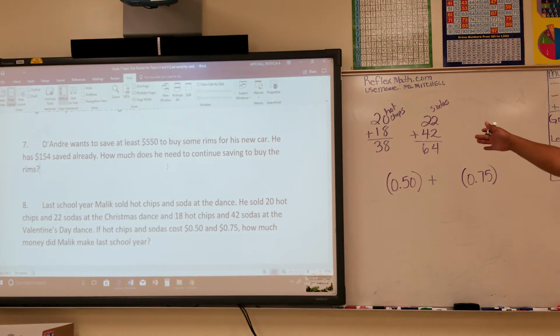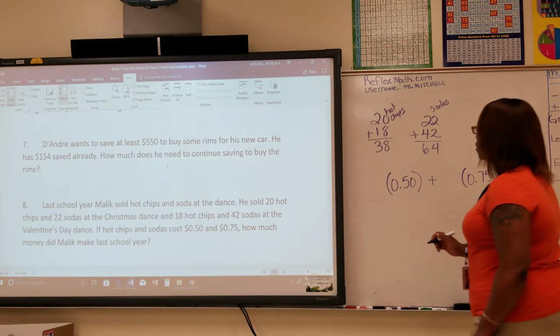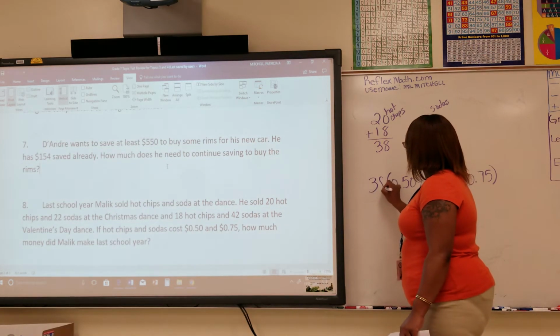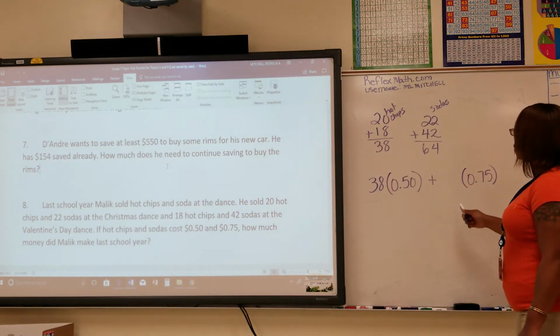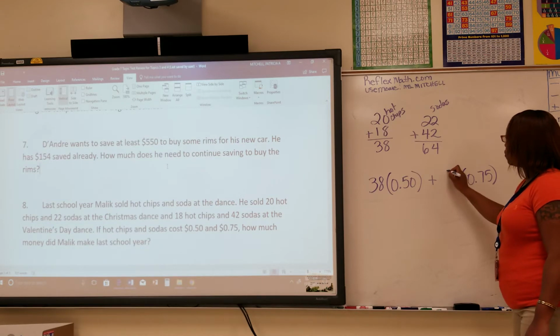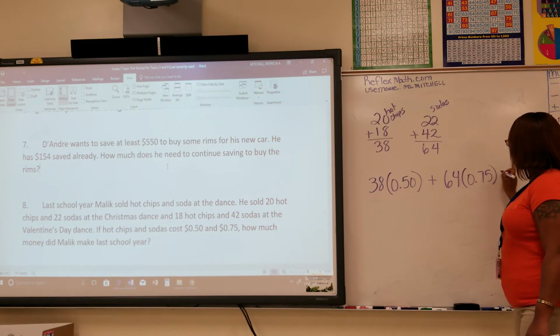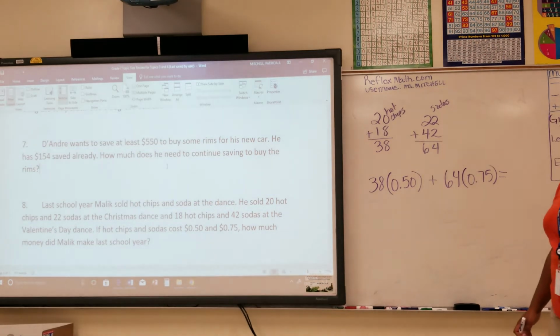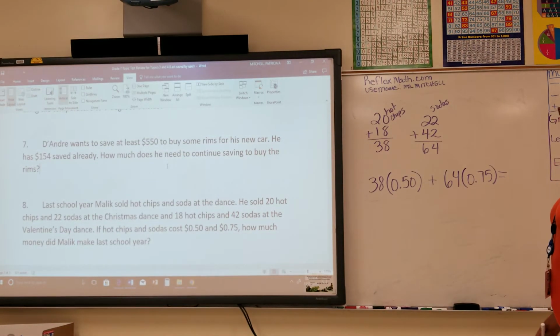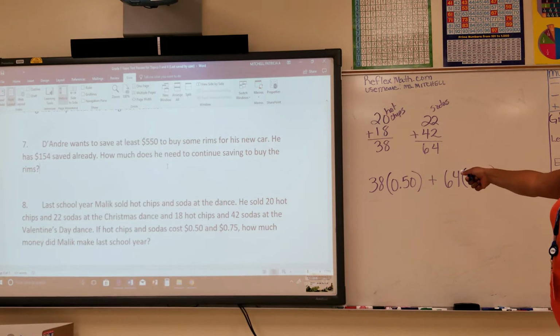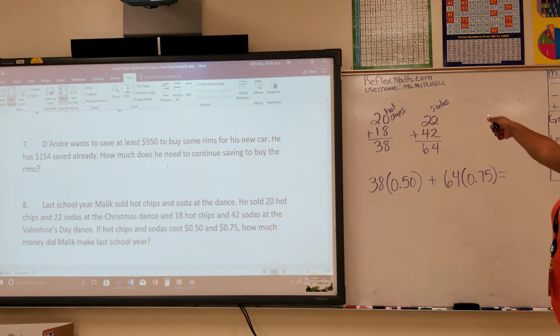Now, we know that the total number of hot chips were 38. And we know that the total amount of sodas that was sold was 64. So now we're ready to go. 38 hot chips times 0.50, so 50 cents, plus 64 sodas times 0.75 or 75 cents.